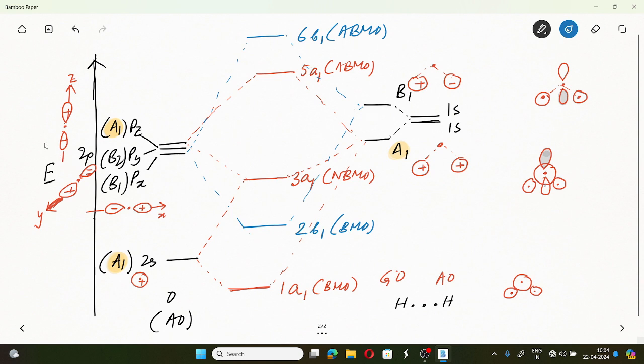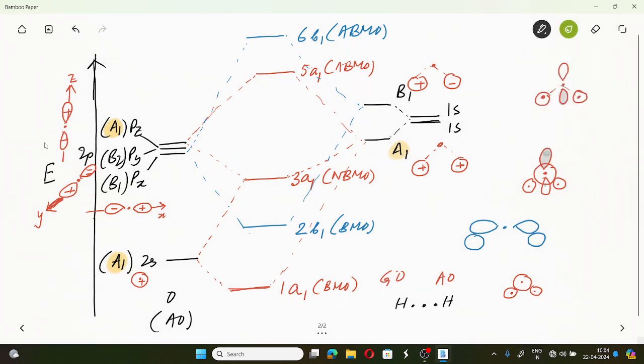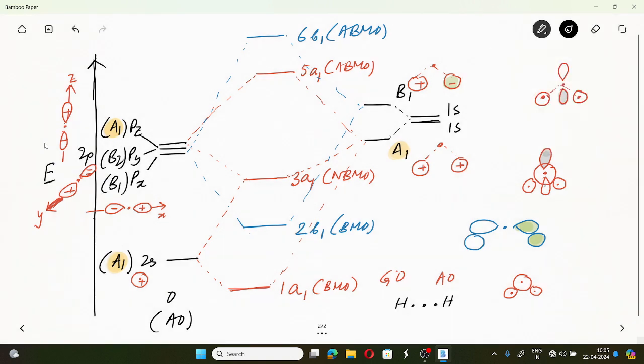Now when we are considering in phase combination, look, this is the px and b1 is like this. Of course we need to look at the phase for b1. Out of phase b1 means one is in positive phase and one is in negative phase, isn't it? We are showing it shaded. And the p orbital, the px orbital is also the same, positive and negative phase. So we can consider this as in phase combination.